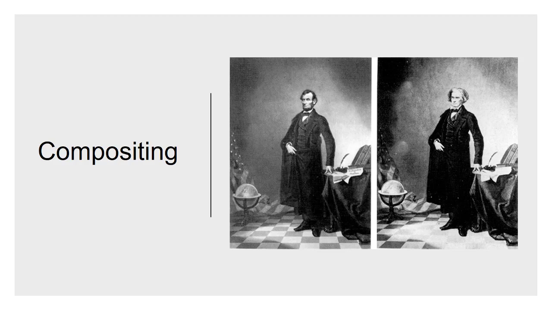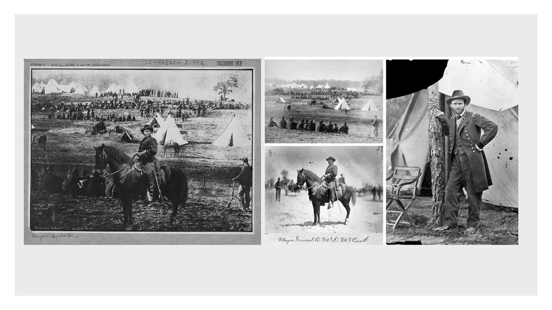Here's another photo. This one is of General Ulysses S. Grant in front of his troops at City Point, Virginia during the Civil War. It was found later on that this is a composite, obviously, as you can see from the images on the right, of someone else on a horse and the camp in the background, and Ulysses S. Grant standing next to a tent.